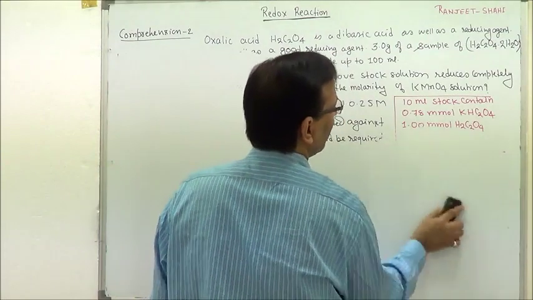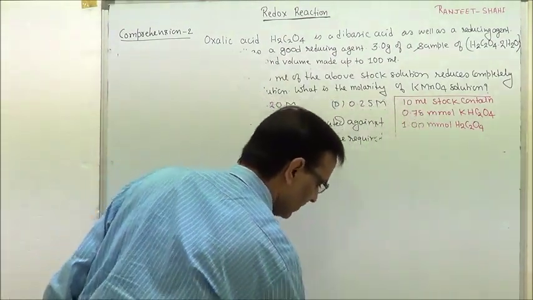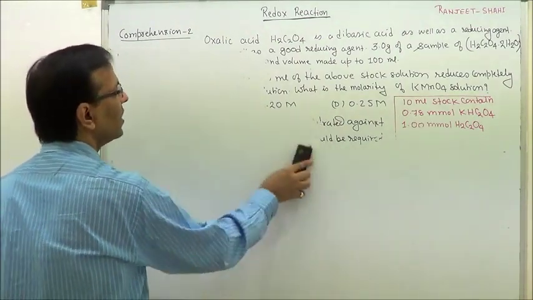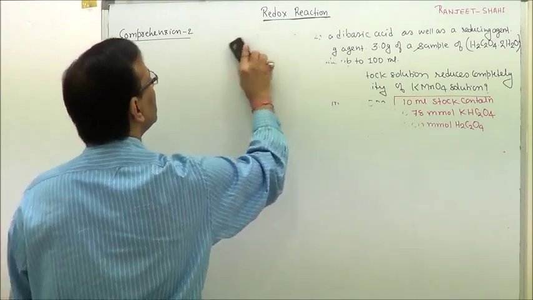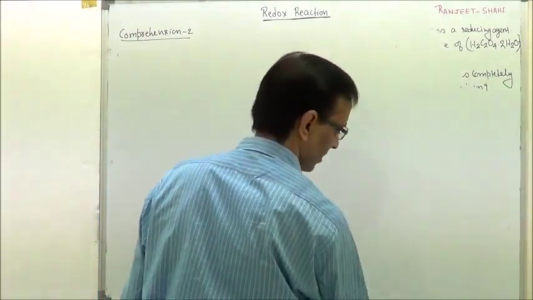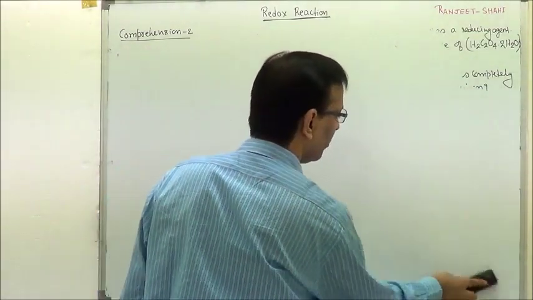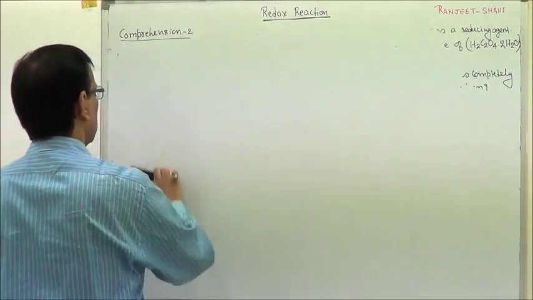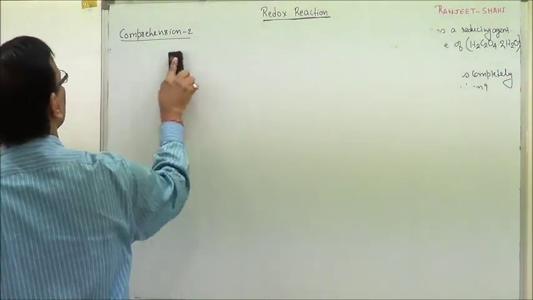That is very interesting to watch. That will definitely accentuate our understanding of redox reaction to a great extent. So let us see the next third comprehension on redox reaction and titration.